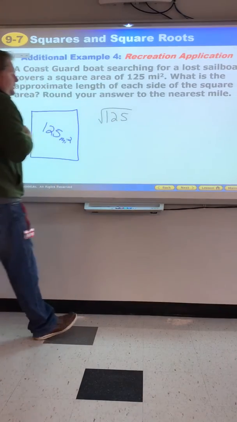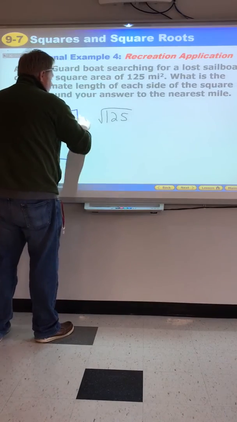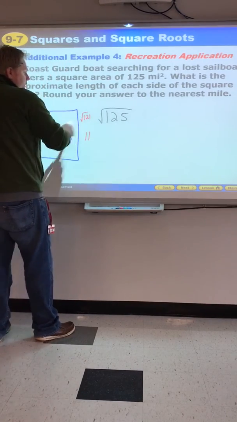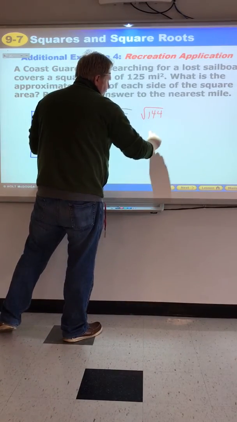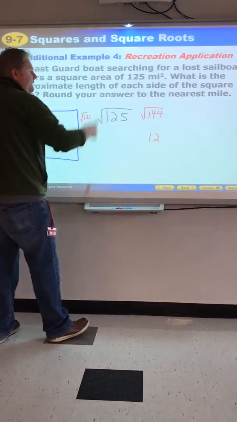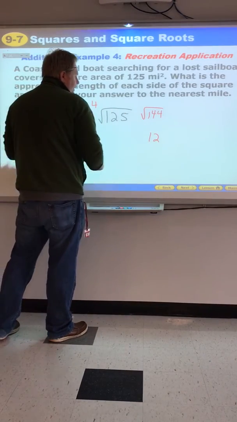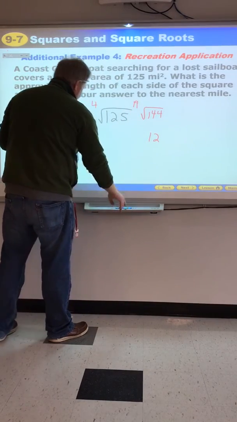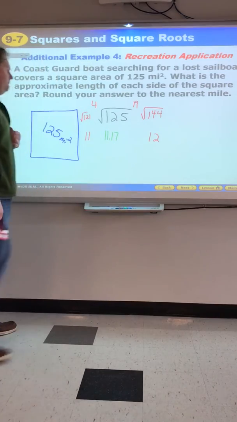And with 125, I know that the square root of 121 is 11. The square root of 144 is 12. And this one's 4 away. That one is 19 away. So I'm probably going to be pretty close to 11.17.